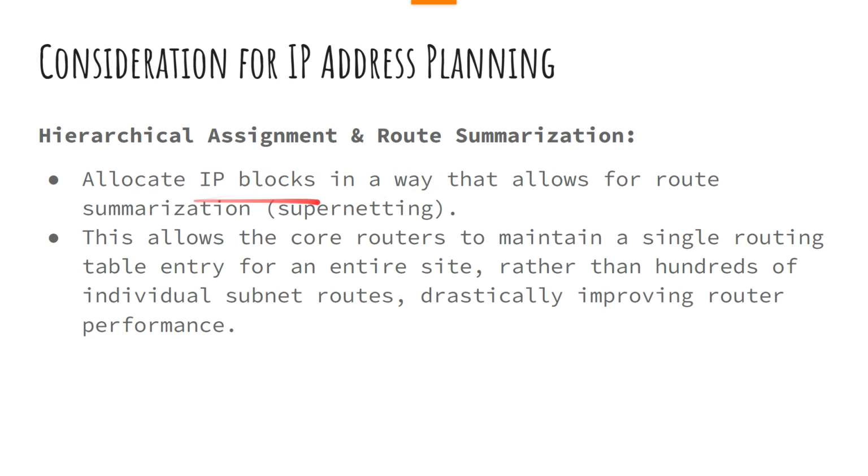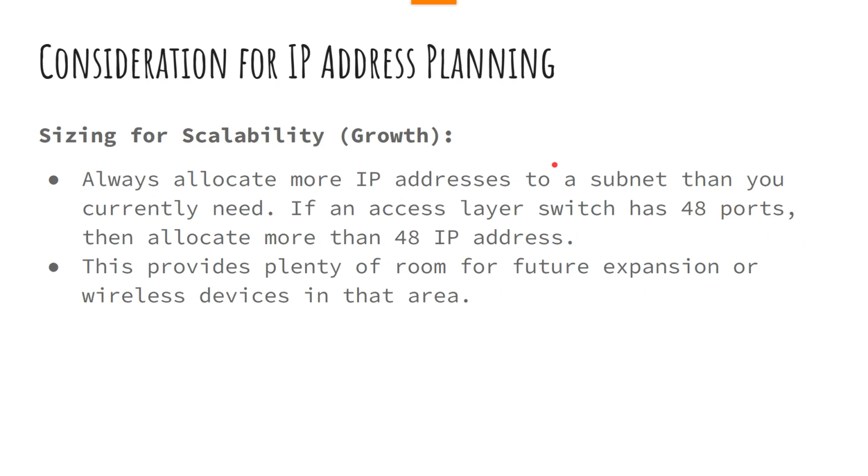But this also means that when you are allocating the set of IP addresses to the routers and the interfaces of routers, you need to be careful that route summarization should be possible, because if you have discontiguous blocks of allocations, then route summarization will not be possible. That is a care that you have to take when you are allocating the IP addresses.